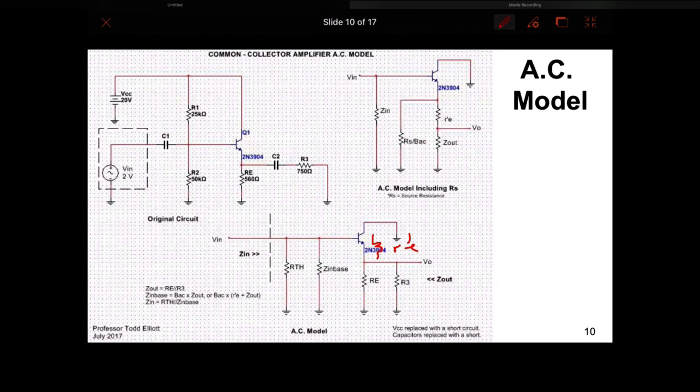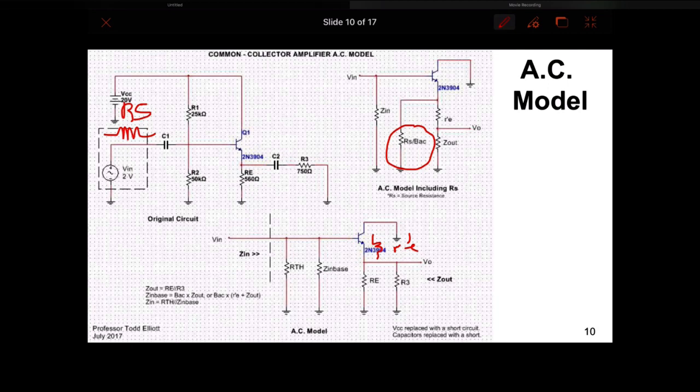If we were to take the source resistance RS into account, and we'll do an example of this in class, I'm just going to point out that from the emitter side, the source resistance RS gets reduced by beta, so it's RS divided by beta.